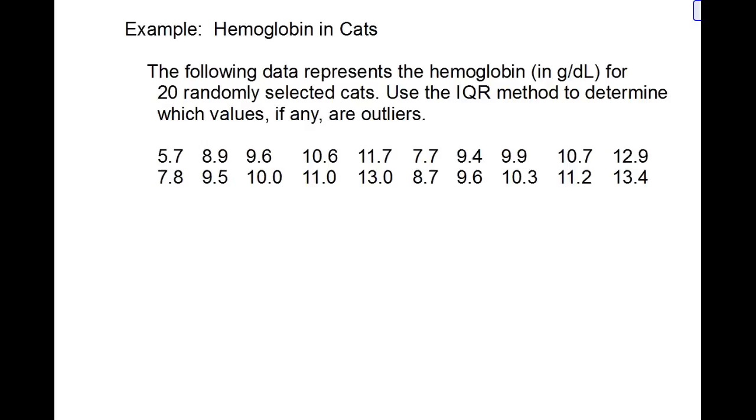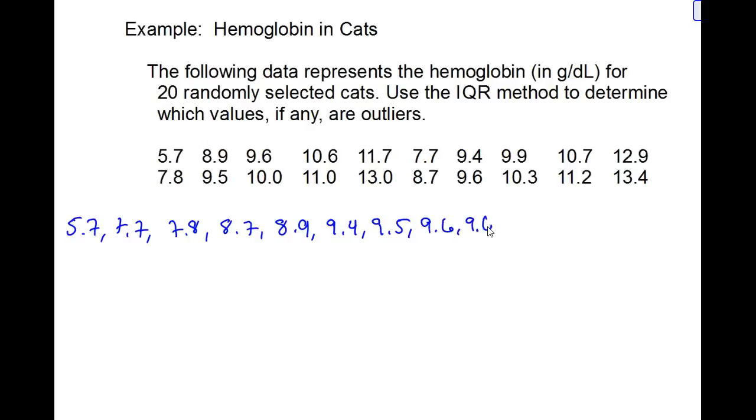So the first thing that we do, of course, since we're finding the Q1, Q2, Q3, is to arrange them in order. And so I'm going to go through there and arrange them in order. Since you have a larger set of data here, sometimes it is easier to use technology to help you arrange this in order to make sure that you have all the values and in the correct order.